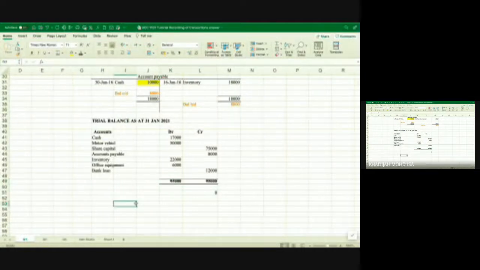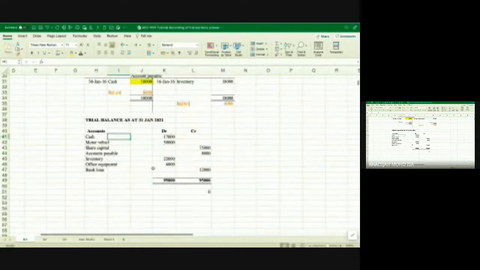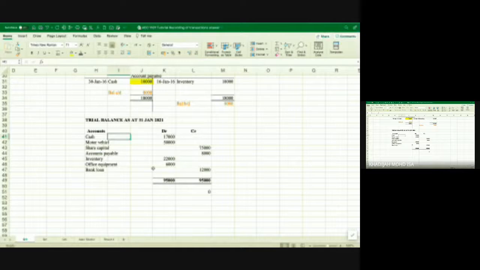Okay. Remember, last class when we did the adjustments, you were given the trial balance. Normally the trial balance is prepared and arranged accordingly, so you know there's a debit side with all the assets, then all the liabilities, and then the owner's equity accounts. So it's easy for you to decide whether it's an asset or not.